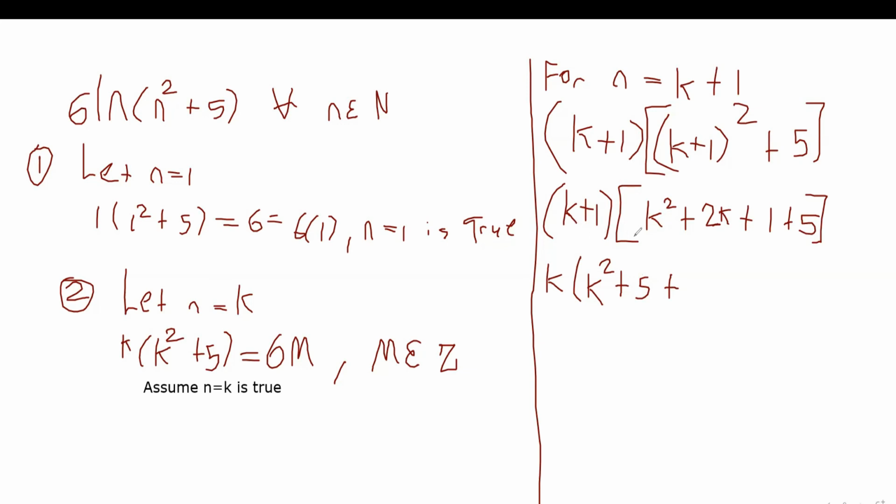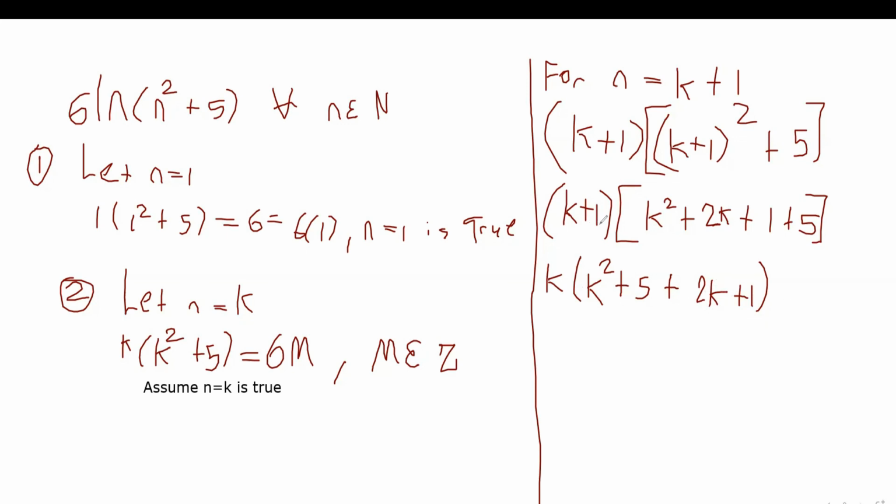K times k squared plus 5 plus 2k plus 1. All I did was rearrange them. Did you see that all I did was rearrange these? 2k plus 1 plus 5, 5 plus 2k plus 1. Those are the same thing though. I just rearrange the order, right?